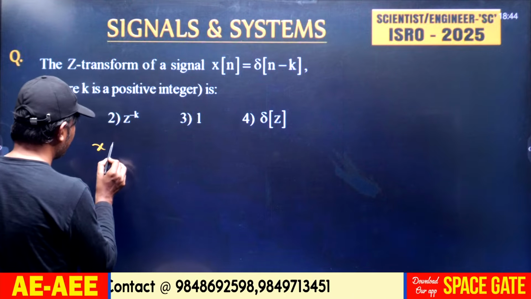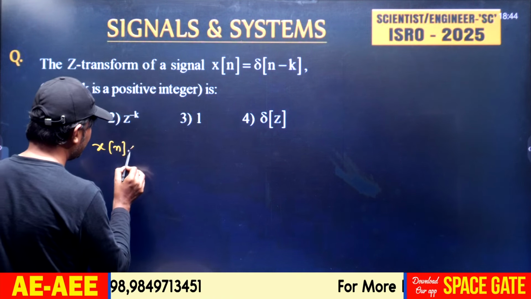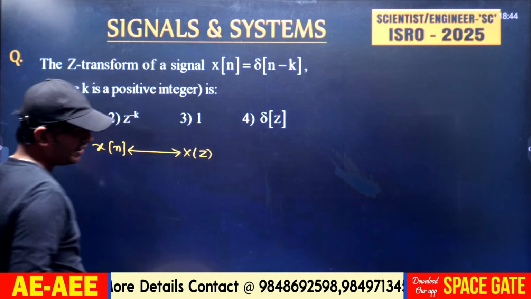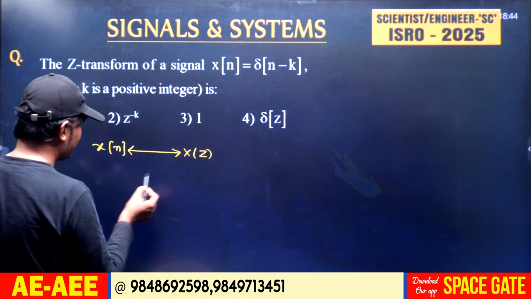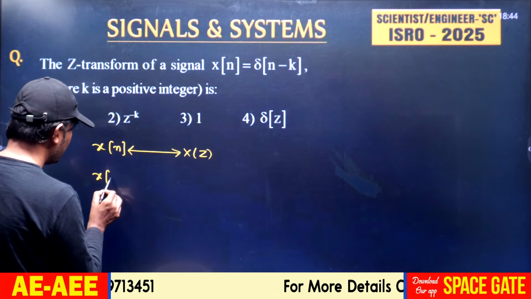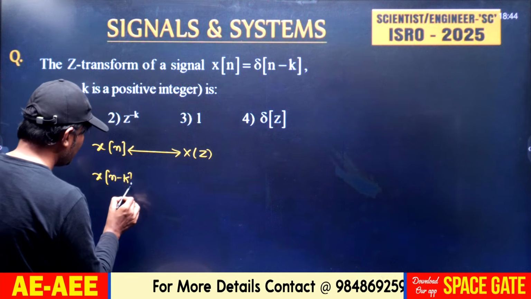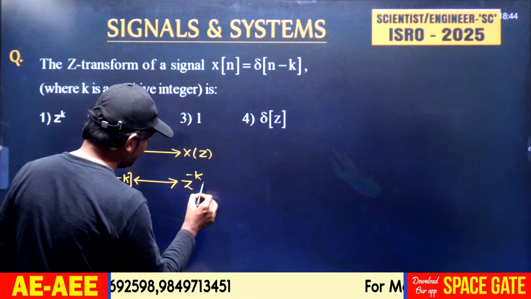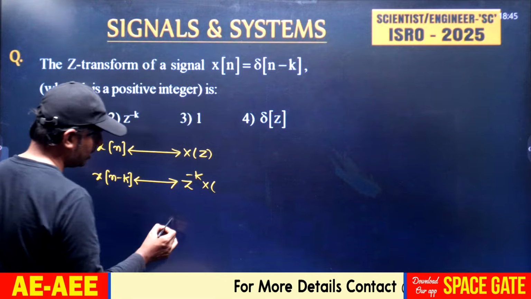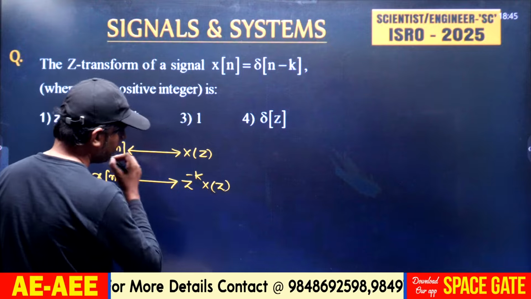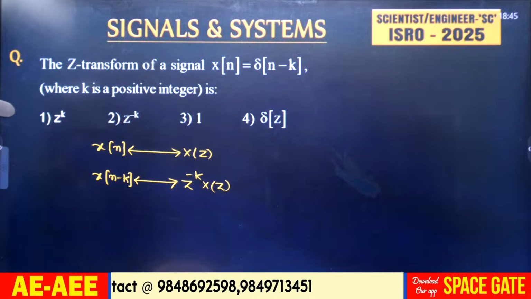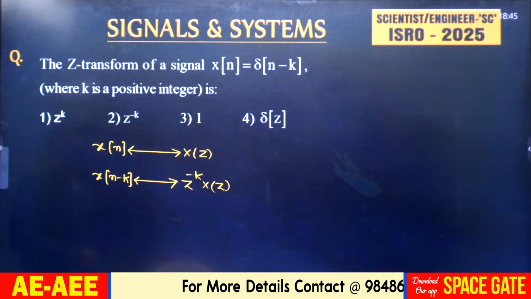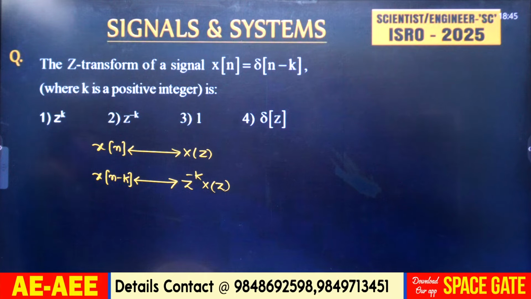if the signal x of n forms a Z transform pair with X of z (here I am not mentioning the ROC), then x of n minus k forms a Z transform pair with z power minus k into X of z.